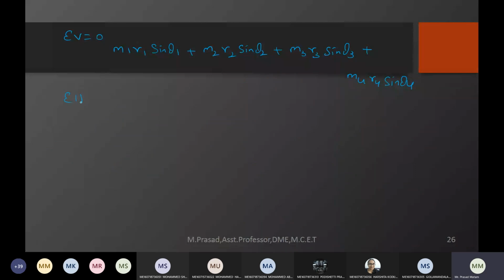Similarly, along the horizontal axis I can write M1 R1 cos theta 1, M2 R2 cos theta 2 plus M3 R3 cos theta 3 plus M4 R4 cos theta 4. This is how I can get it. What is the centrifugal force total? That is nothing but the resultant.